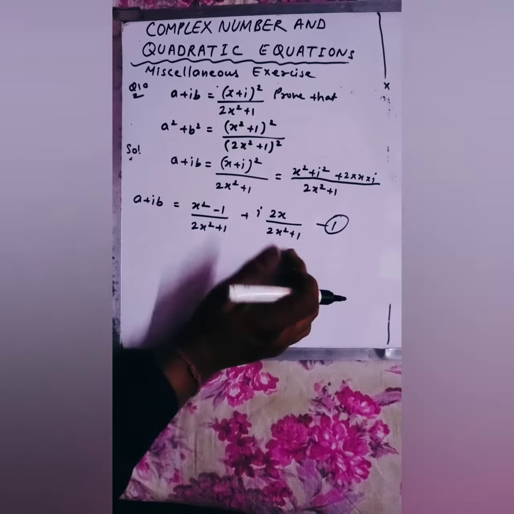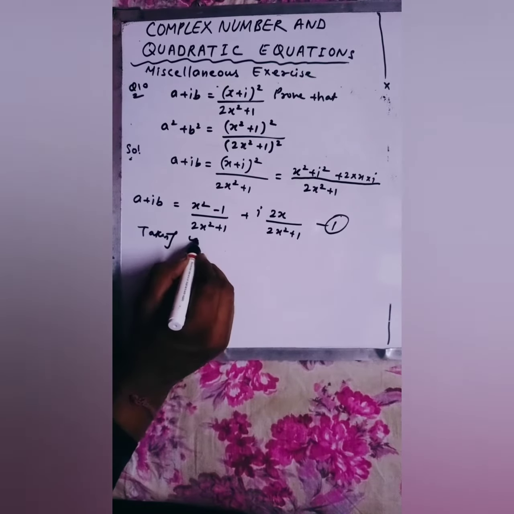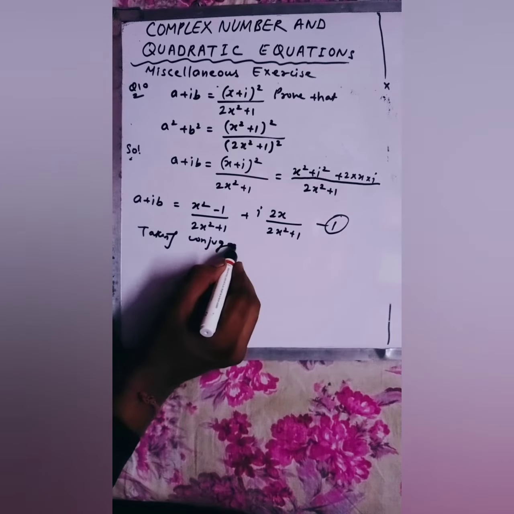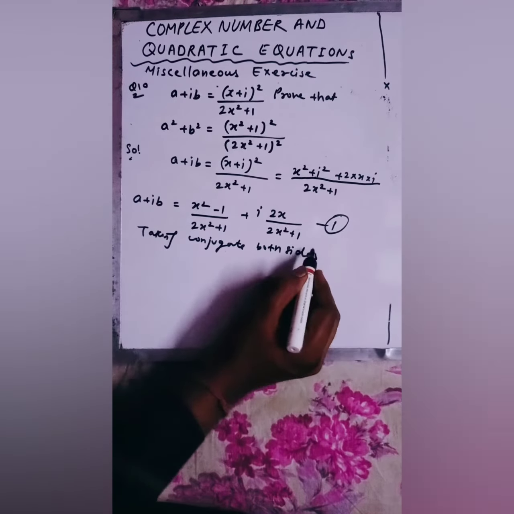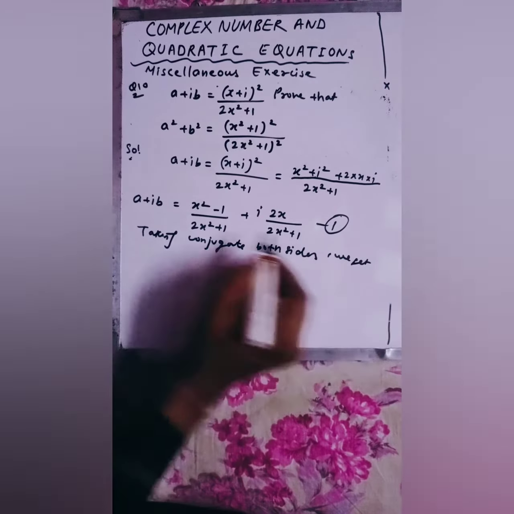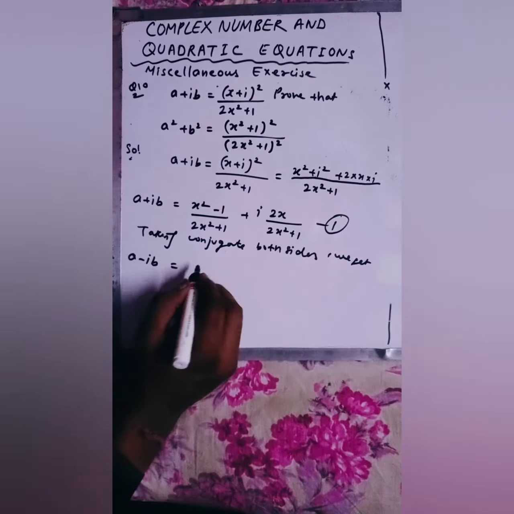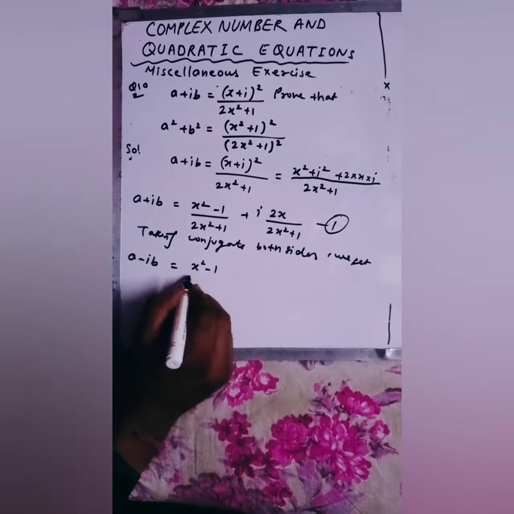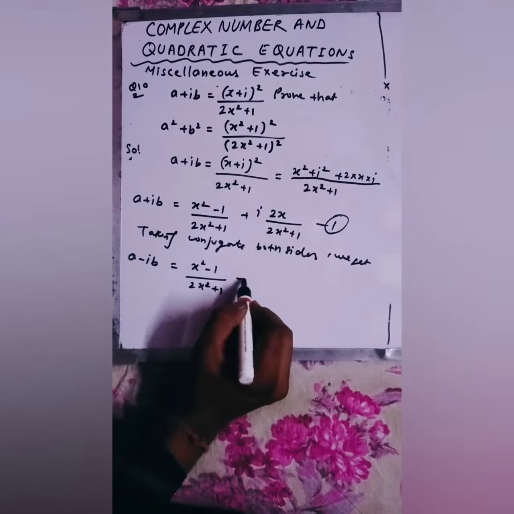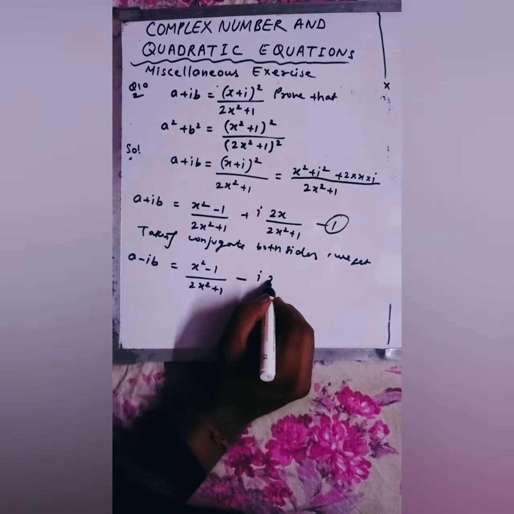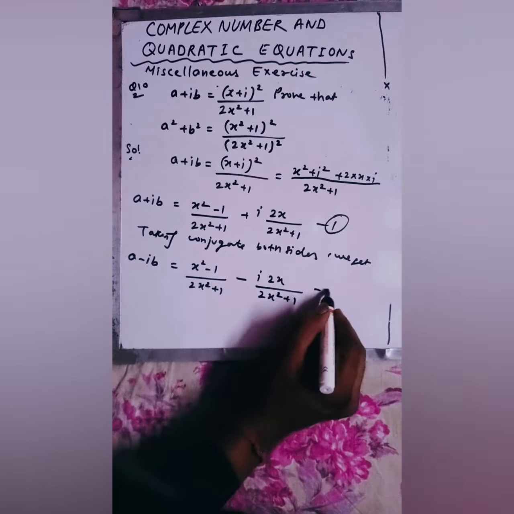Now taking conjugate both sides, we get a plus iota b, this would be a minus iota b, is equal to x square minus 1 over 2x square plus 1, and here you have to write negative iota 2x upon 2x square plus 1. So this is your equation number 2.